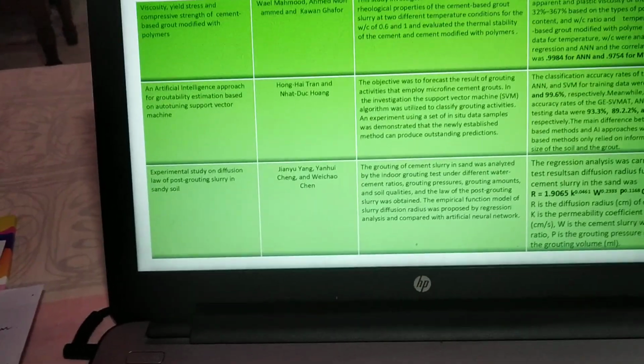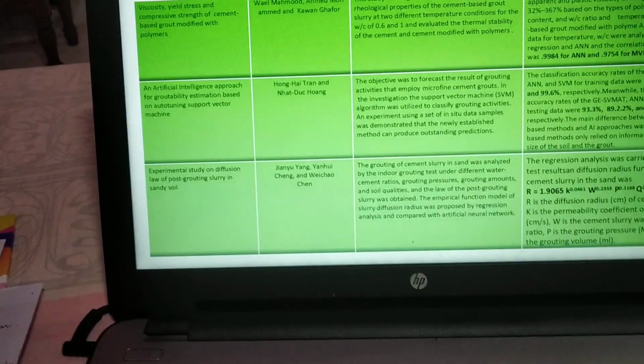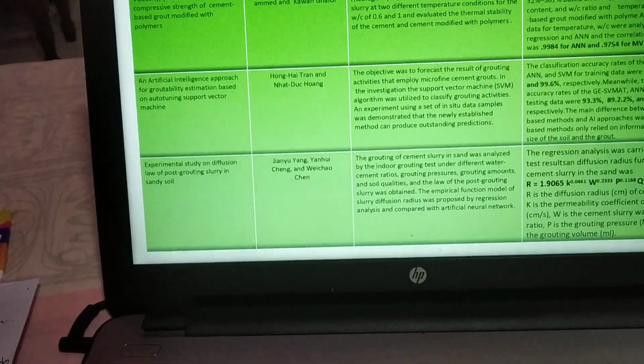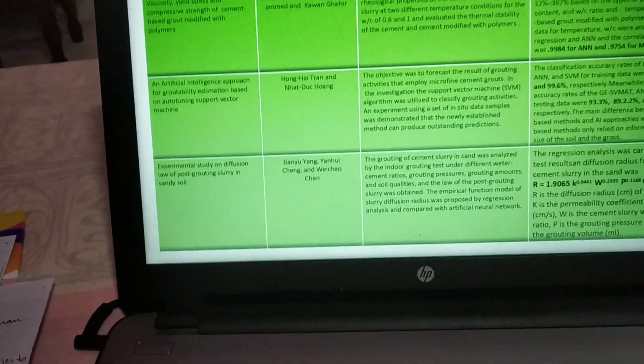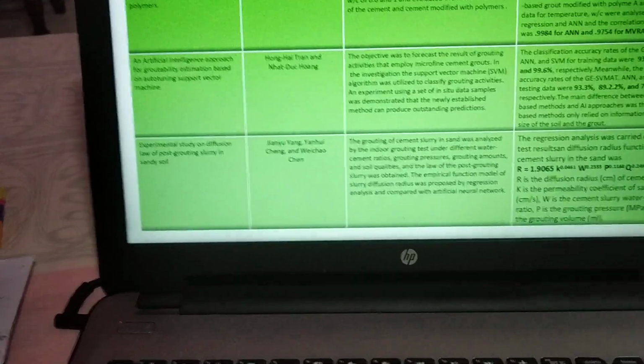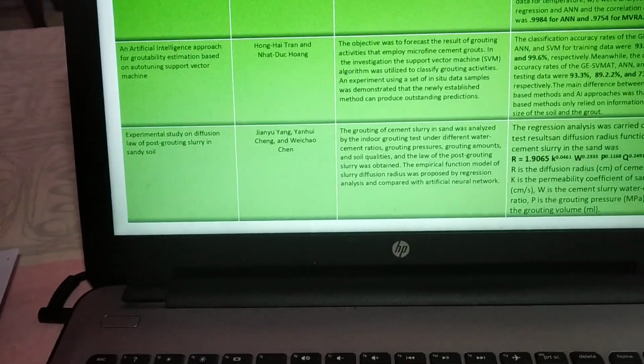Among these, they found that MVRA is not the best fit for their research, and ANN gave a correlation coefficient ranging between 0.9967 and 0.9984, which was highly appreciated.